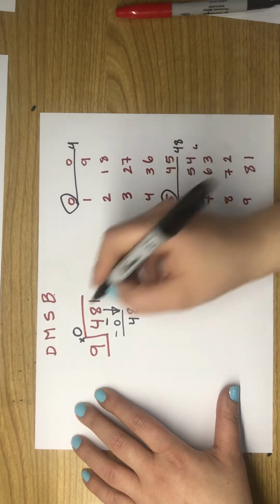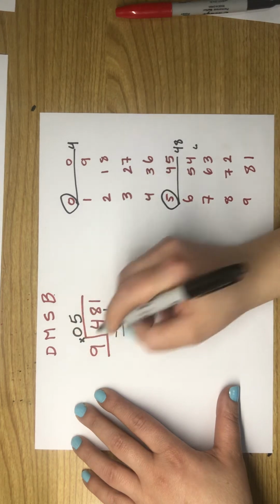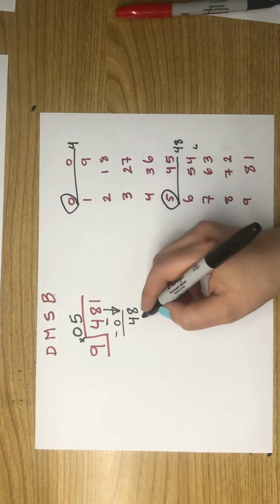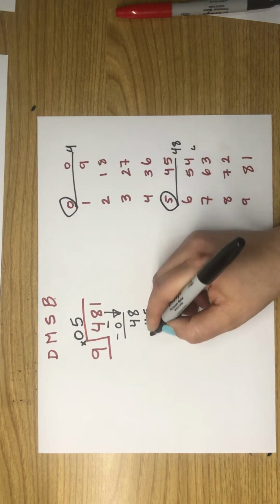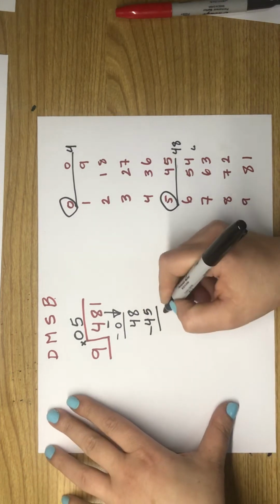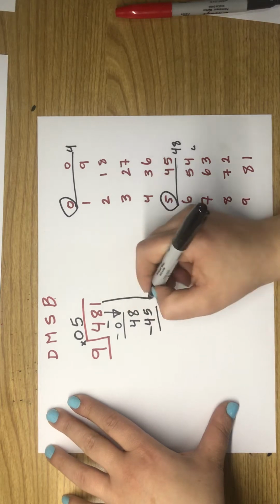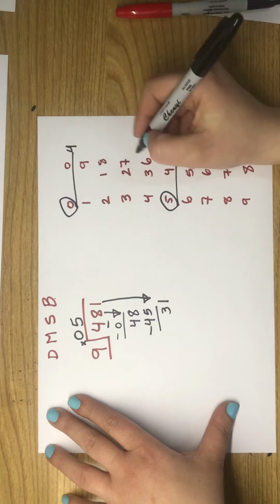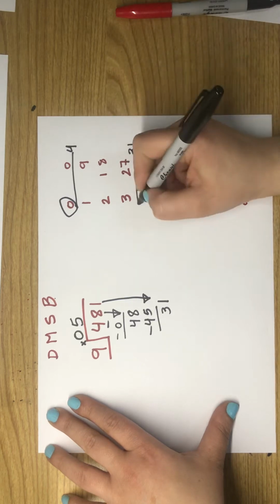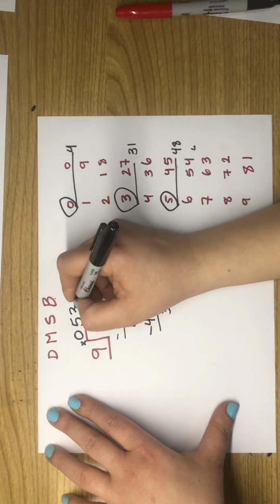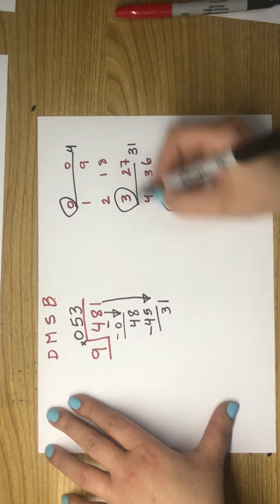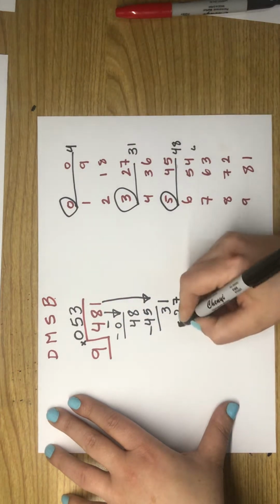The bubble is around the 5, goes up. 5 times 9 equals 45, subtract, 3, bring down the 1, 31. Back to divide, bubble, where's 31? It's here. 3, bubble, times 9, here it is, 27, subtract.